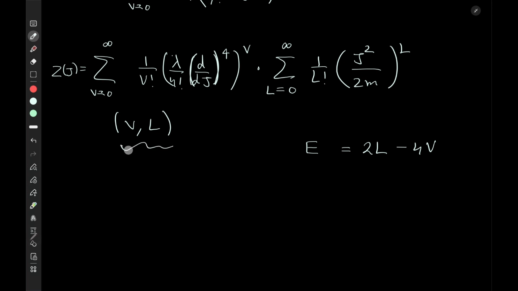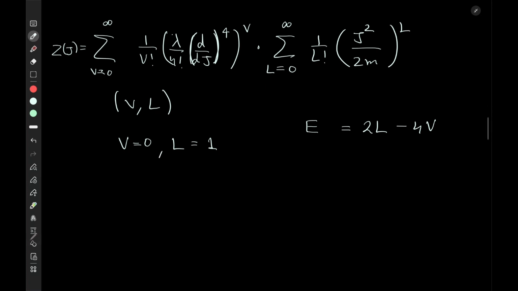Let's say I consider a certain term in the Taylor expansion with V being 0 and L being, let's say, 1. That is, in terms of pictures, I should have no vertices and I should have one line.